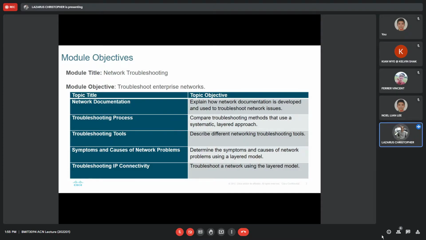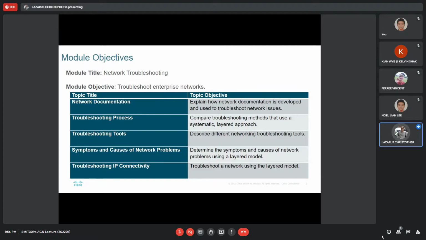Right. So this topic will look at network documentation. You need to document your network, right? Then we talk about one of the ways to do troubleshooting. So we look at the troubleshooting process itself. How do we do troubleshooting in a more systematic way?